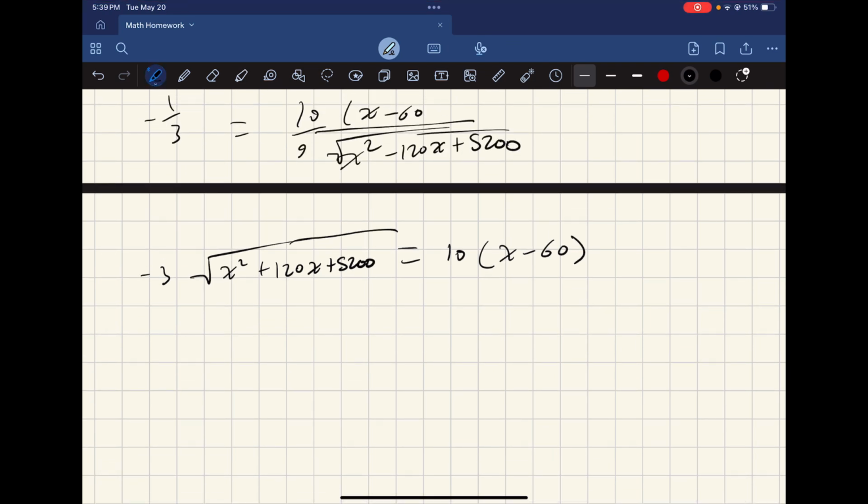Next we'll divide both sides by 3, and we'll factor the expression x squared minus 120x plus 5200. That'll just make it easier later, as you'll see: 1600 plus (x minus 60) squared, with the 3600 from the expansion, equals 10 over 3 times (x minus 60).